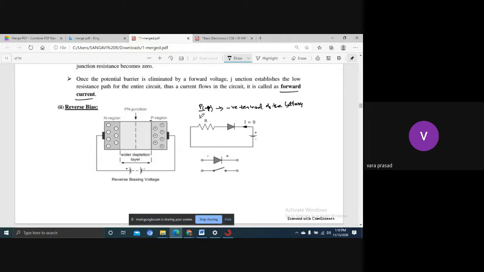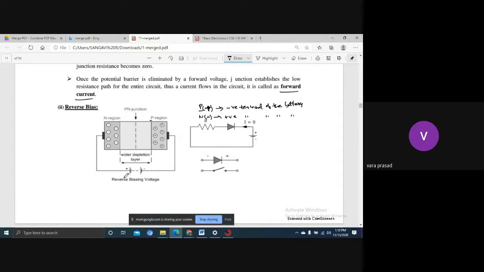Next, N means negative, and the N region is connected to the positive terminal of the battery. Positive region is connected to the negative terminal, negative region is connected to the positive terminal. We are connecting in reverse, not the same side. That's why it is called reverse bias.